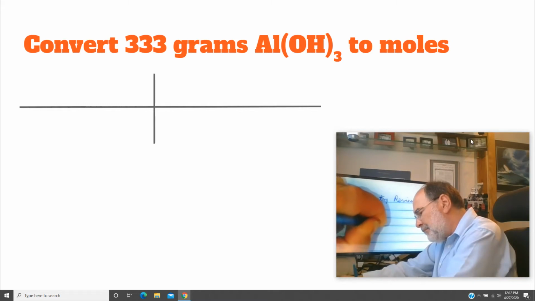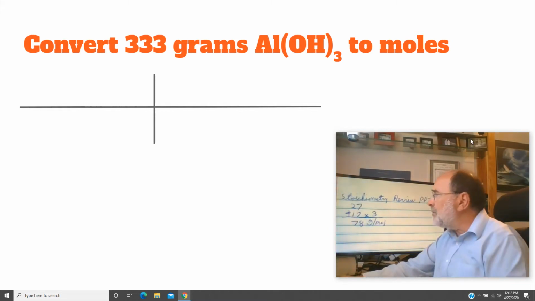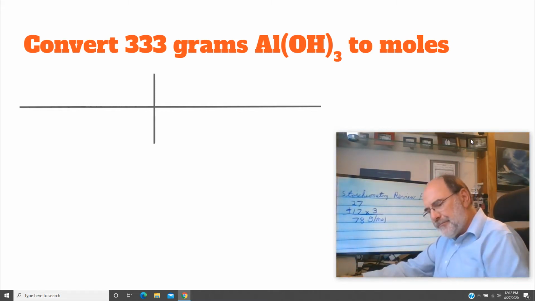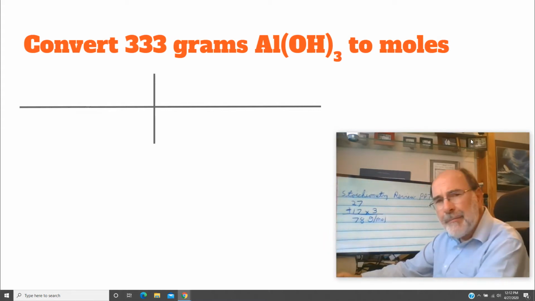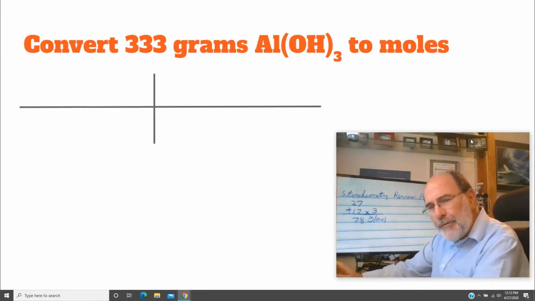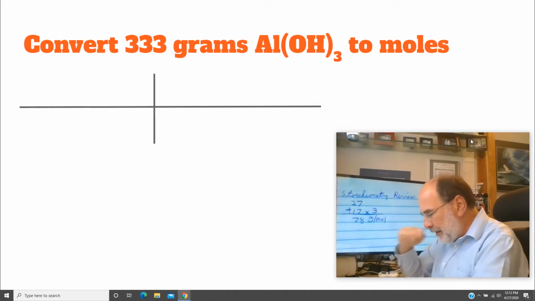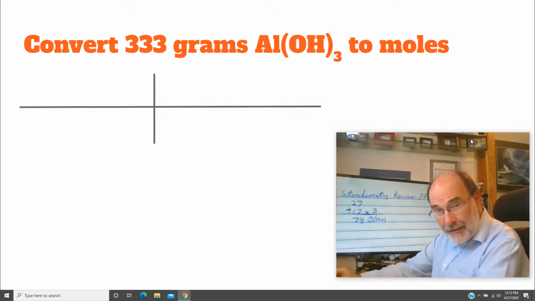grams per mole. And what I would really like to encourage you to do is to have a mental expectation before you turn on your calculator of what kind of answers you would expect to get from this. So as I look at 333 grams and I compare that to 78 grams for 1 mole of this stuff, I can say to myself, wow, 333 is more than 4 times bigger than 78.